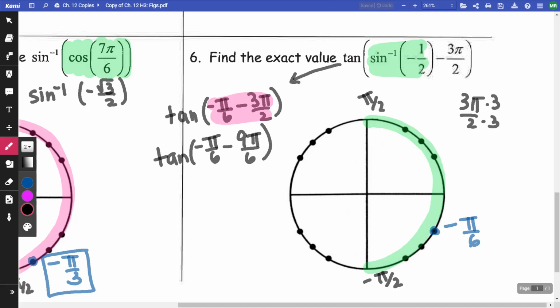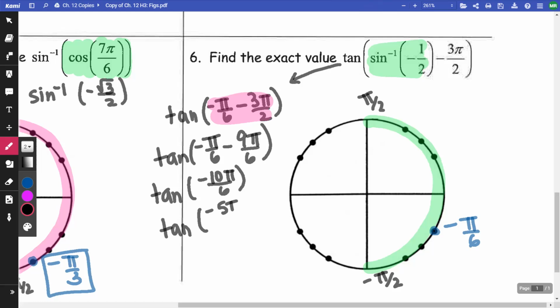That's all I'm doing. Then when I clean this up, tangent of negative 10 pi 6, which I can simplify. 10 pi 6 is really a negative 5 pi thirds.